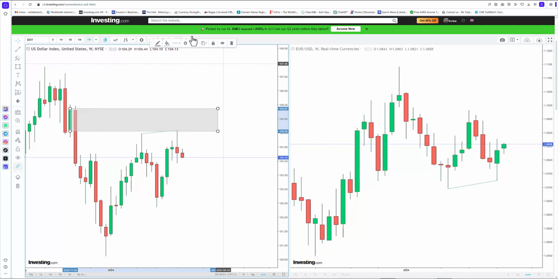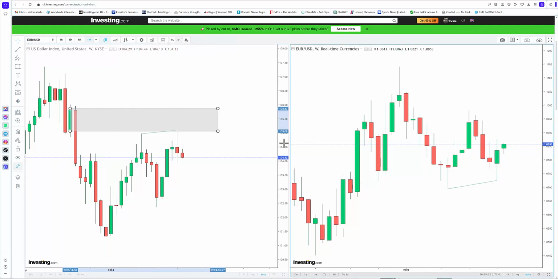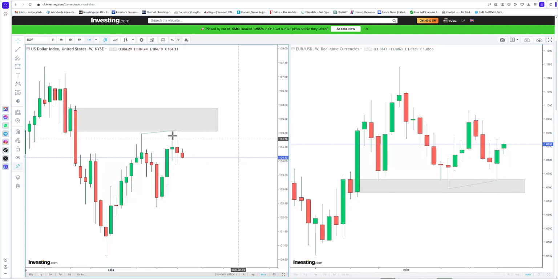And it's also happening on Euro USD when price is at a higher time frame discount array. So that in itself should give you more emphasis to be hunting for shorting opportunities on dollar and long opportunities on Euro USD.